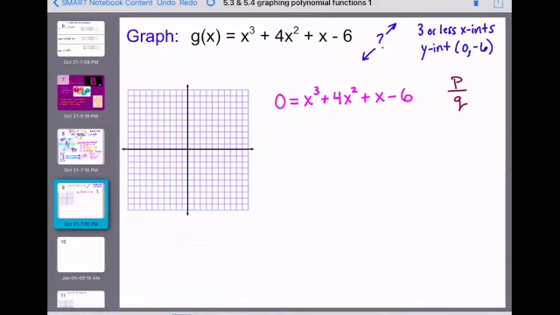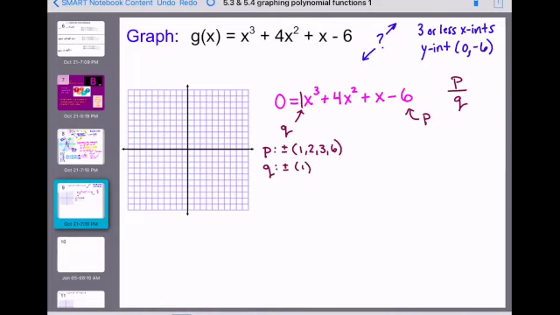Here's your recap. We're going to make a list of possible guesses. Your P is your constant. Your Q is your invisible leading coefficient. You're going to make your list of P over Q factors. Plus or minus 1, 2, 3, 6. Factors of Q, plus and minus 1.